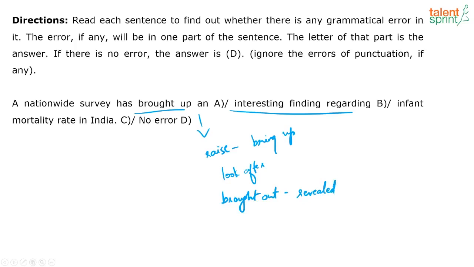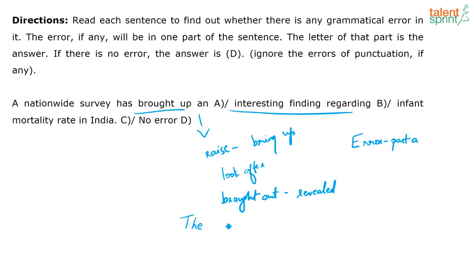Yeah, so that's where the error is. The error is in part A, where we're saying, hey, it's not brought up, but it's brought out, right? You bring out the best or the worst in someone.